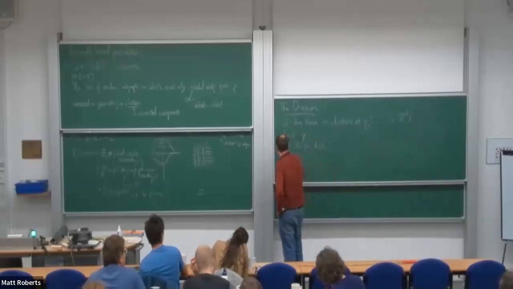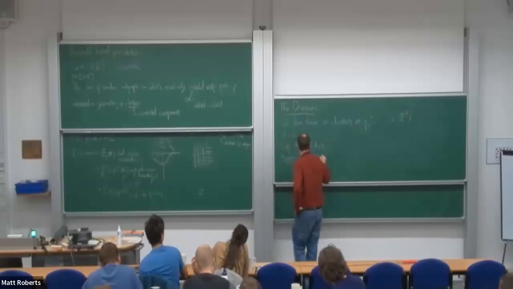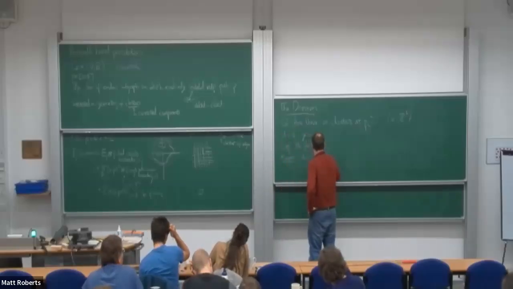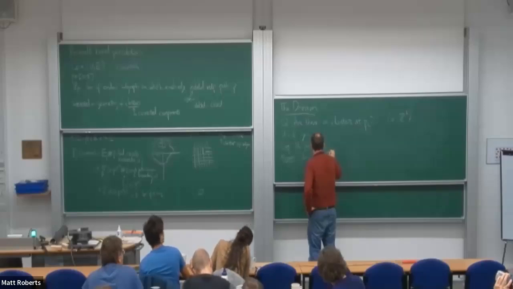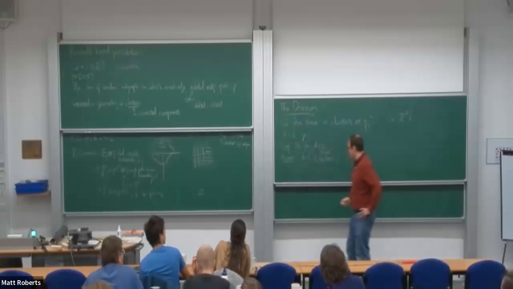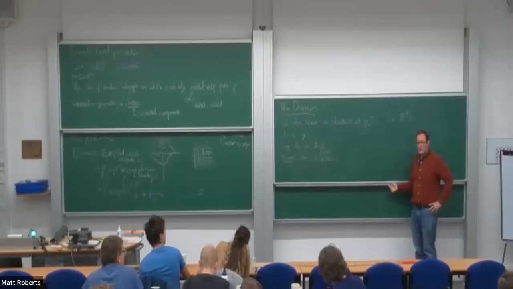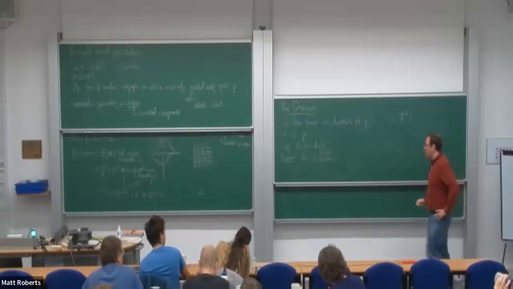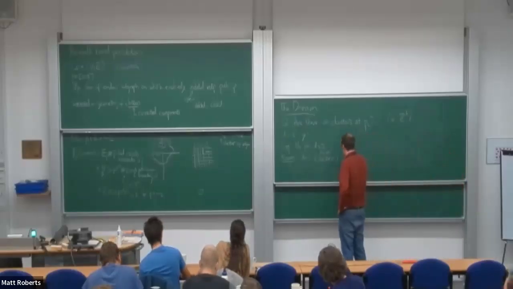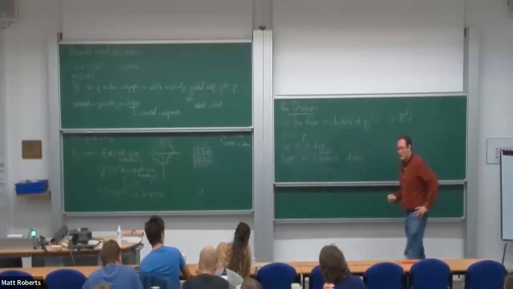Okay. And this is known for d equals 2, where, well, maybe I should say it's the theorem of Harris and Kesten, completed by Kesten in 1980. And it's also known for d much larger than 6.